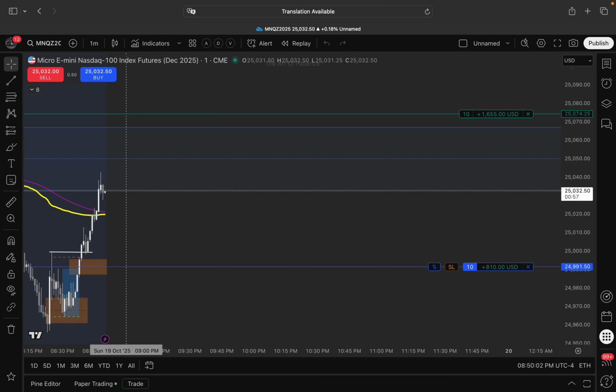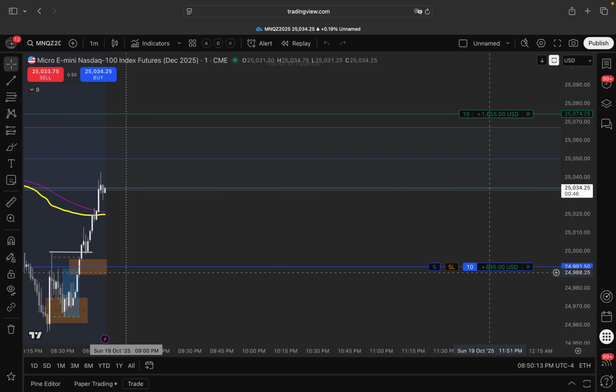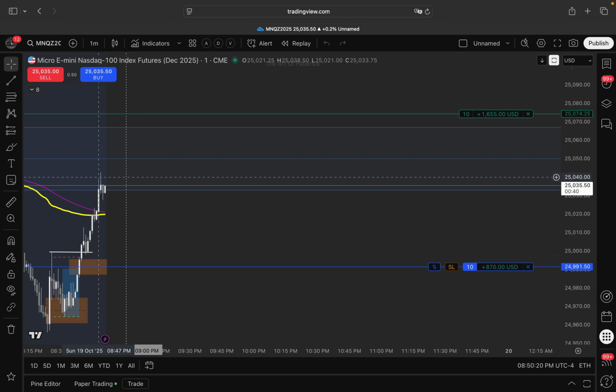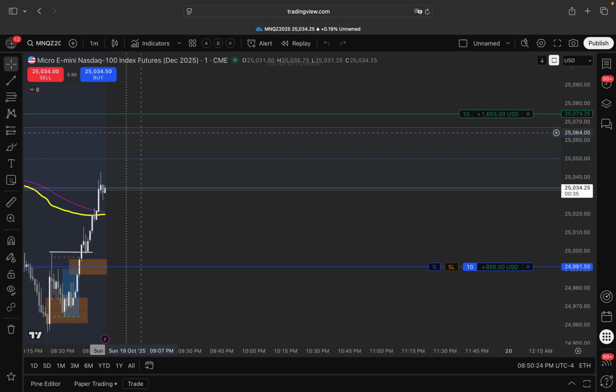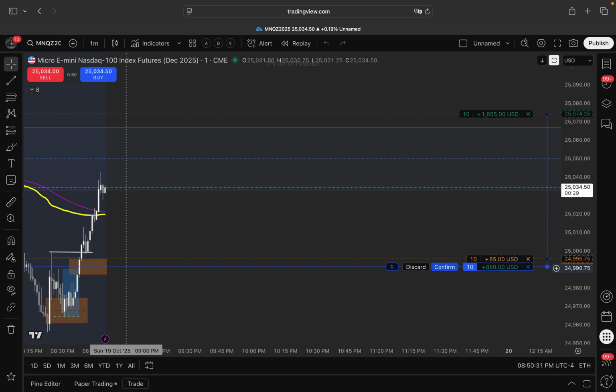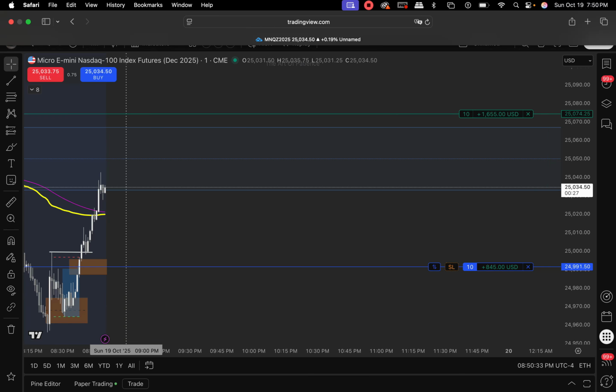All right, so you can see there's only 10 now instead of 20, and the profit is already in half. So you already locked in half of that position, half of those profits. You're good. The next thing I would do, since price has already moved up significantly and we are trading within the Asian fair value gap, is move my stop loss into profit, making this trade risk free.